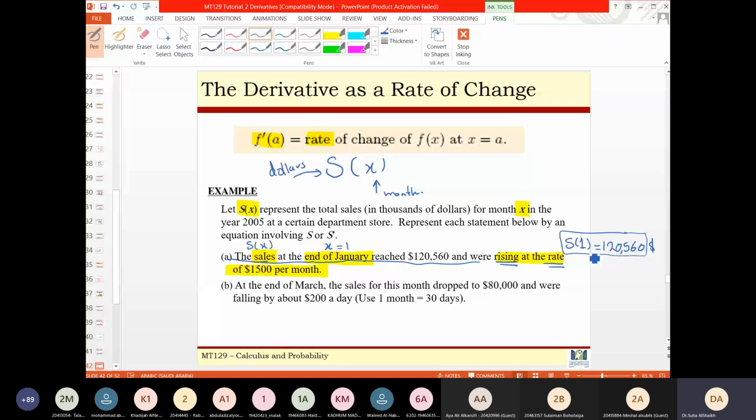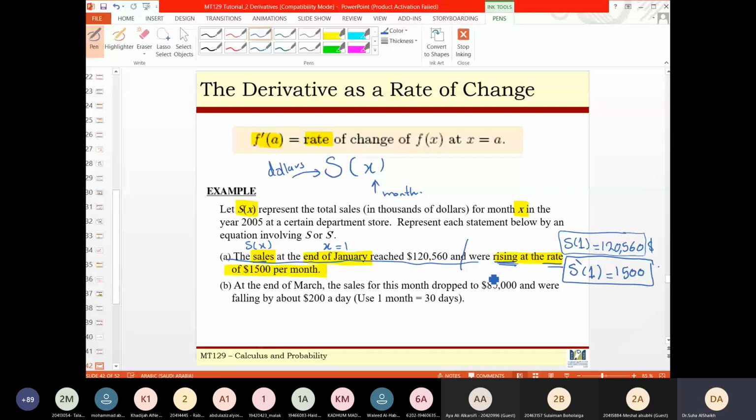Another statement is that it was rising at a rate. Rising means it's going up, it's increasing. And the word rate means the derivative. This means that S dash at January was plus 1,500.